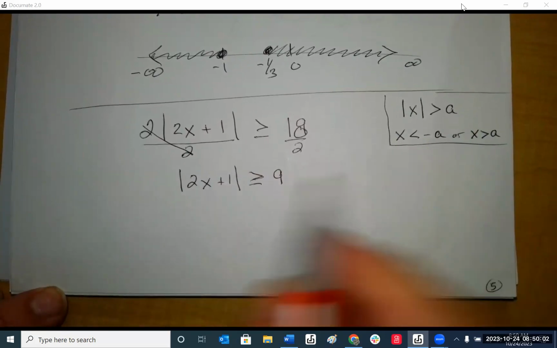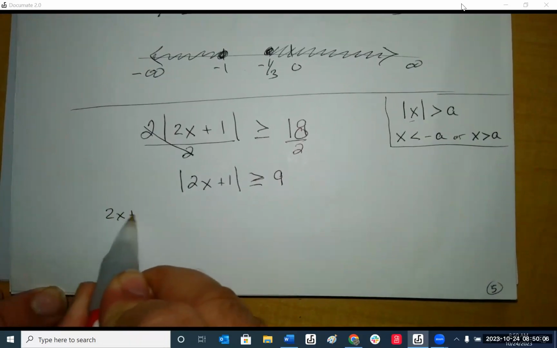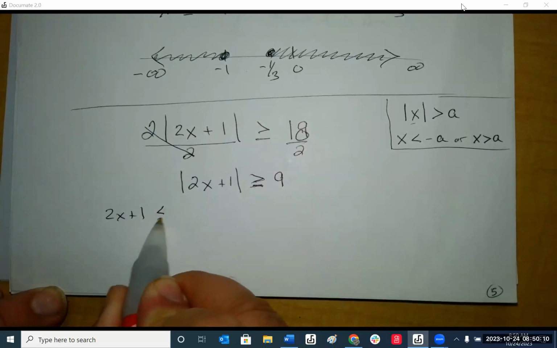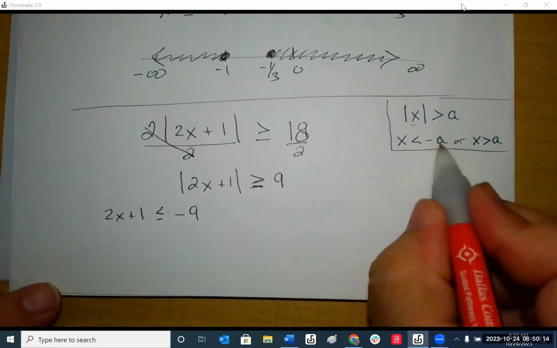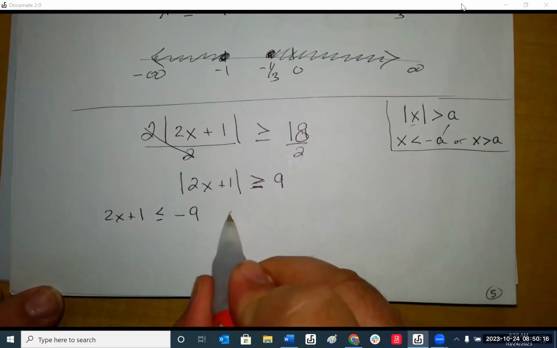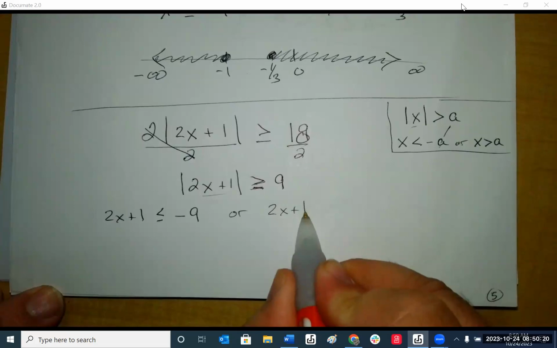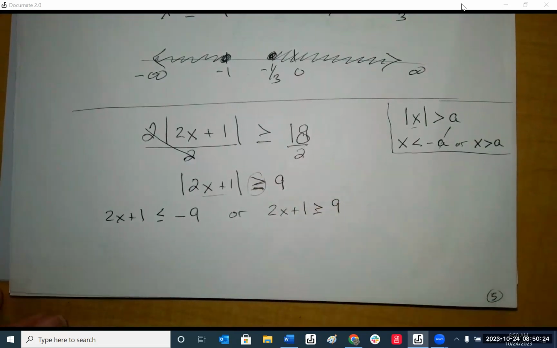So on this side, whatever's inside the absolute value, 2x plus 1 is less than or equal to negative 9, because it's the negative of it, or whatever's inside is greater than or equal to positive 9. And work both of those out separately.